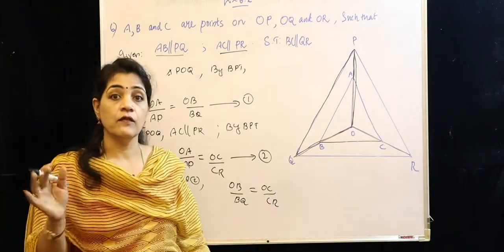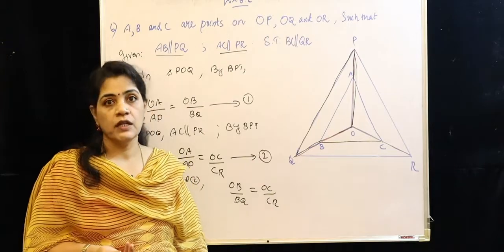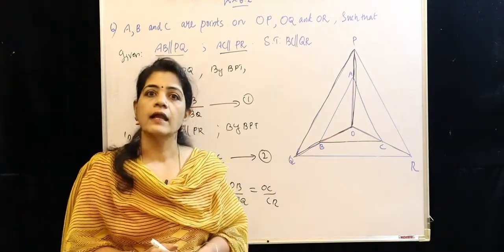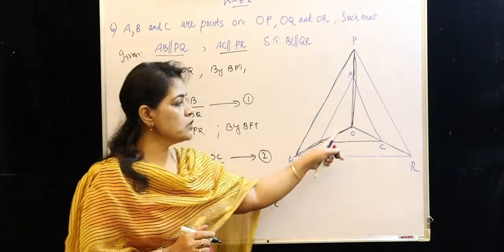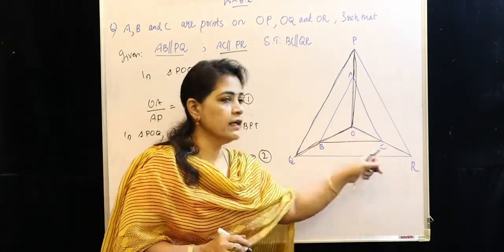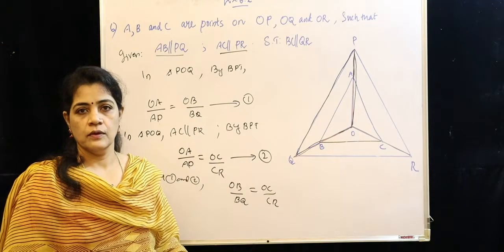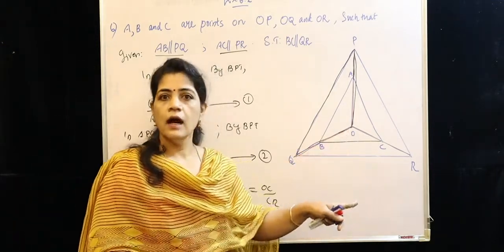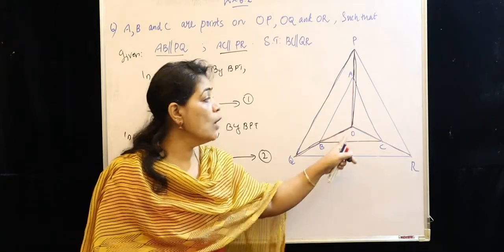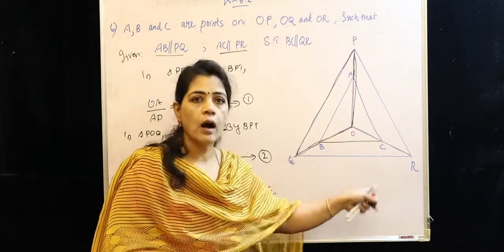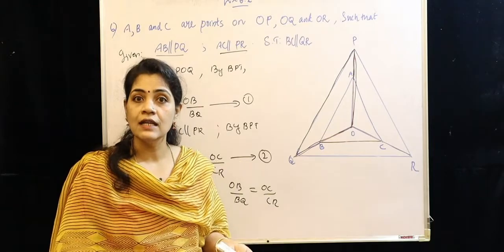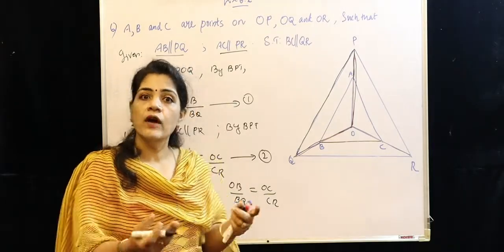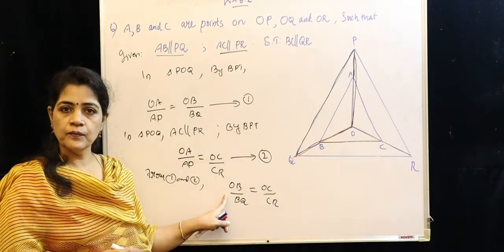Is it clear? We have applied the basic proportionality theorem upon these two triangles OPQ and OPR, and now we have seen that these two sides are divided in the same ratio. See, children, OQ and OR are the sides of triangle OQR. So in this triangle, those two sides are divided in the same ratio.